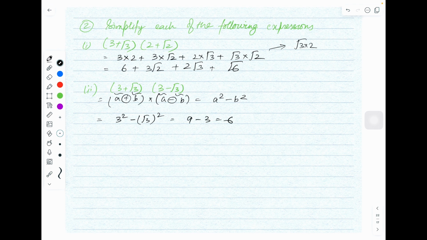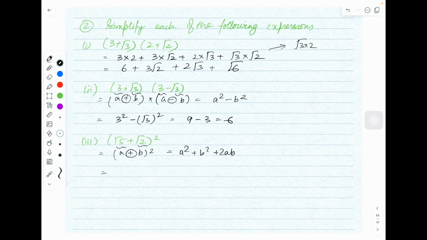Understood? Then root 5 plus root 2 whole square. This is A plus B whole square, equals A square plus B square plus 2AB.